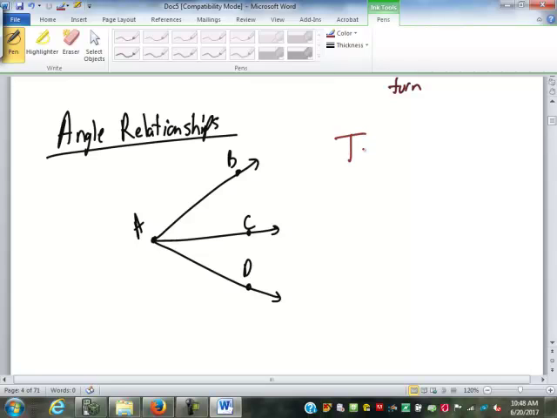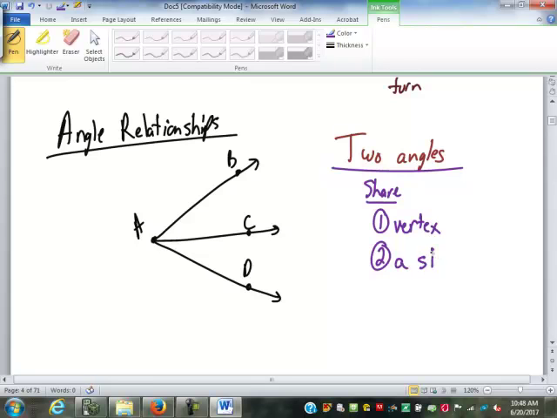So here we have 2 angles that share 2 things. One, they share a vertex. The vertex of both angles is angle A. And they also share a side.